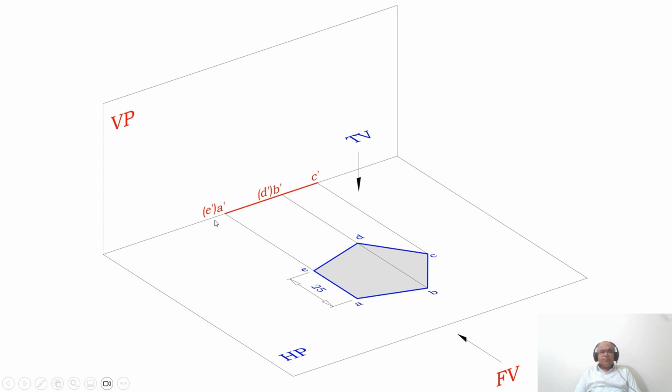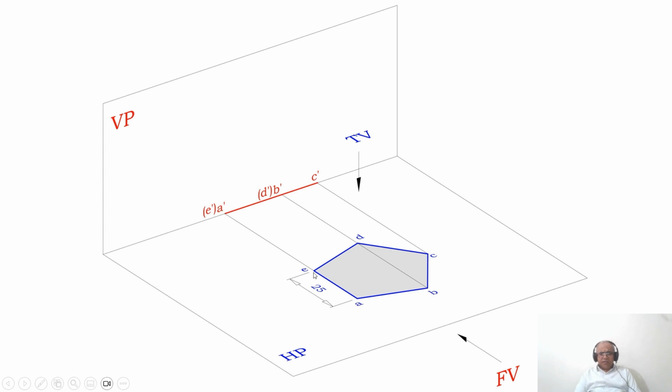Now, here you can see all the sides are resting on HP, so obviously the lines are parallel to HP. Since the lines are parallel to HP, you are getting the true shape in HP. Where is HP? HP is here, you can see. Therefore, you will be able to see the pentagon of each side 25 mm.